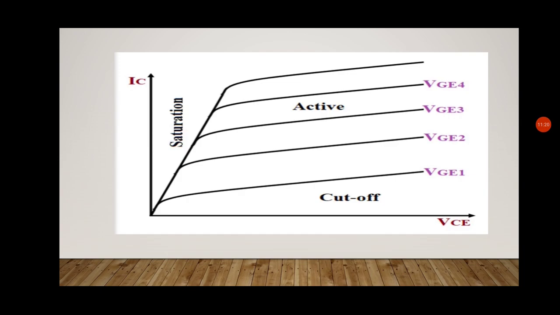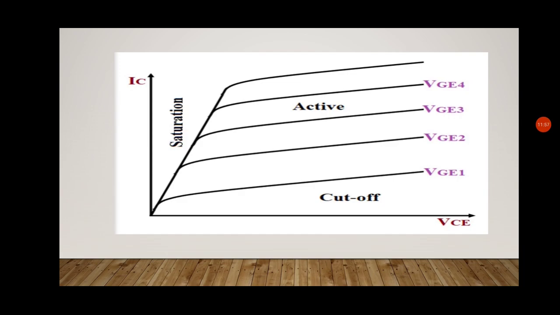Now this is the output characteristics of IGBT, wherein we can see this is almost similar to the output characteristics of a BJT. Here we plot the output current across output voltage at constant VG.